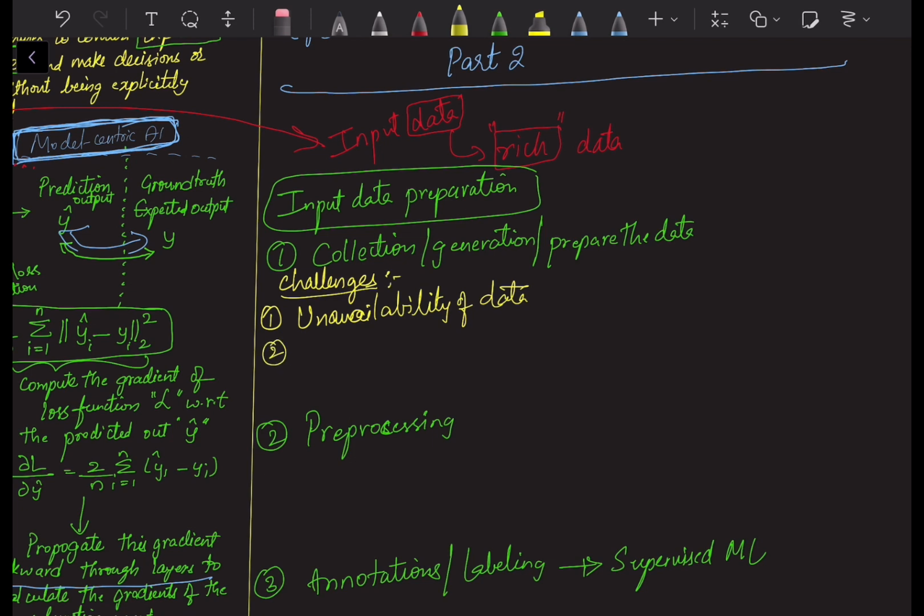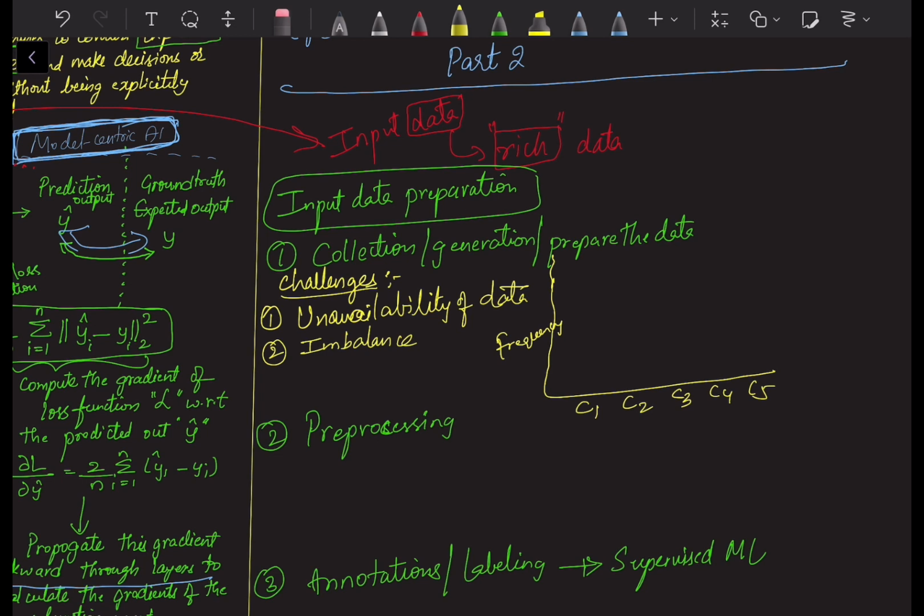The second thing is we may get some data, but it would be imbalanced. When I say imbalanced, for example, let's say you are collecting 5 class data: C1, C2, C3, C4, and C5. This is a histogram, and the y-axis represents the frequency of the data samples you collect.